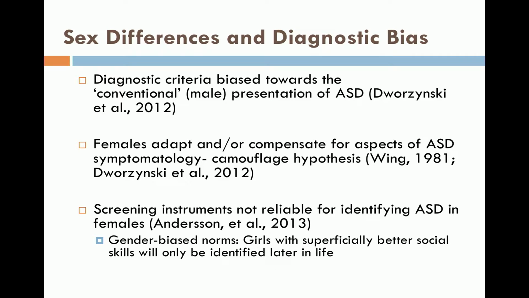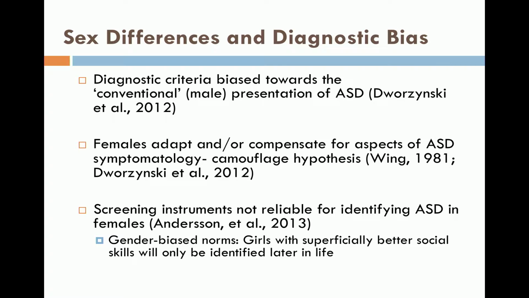However, in more recent years, other issues have been discussed more and more, and this is really what we are diagnosing, how we are diagnosing and detecting autism, and what these gender biases are. The diagnostic criteria are all biased towards a conventional male presentation of ASD. If you go into your diagnostic schedules, there is no difference between males and females.